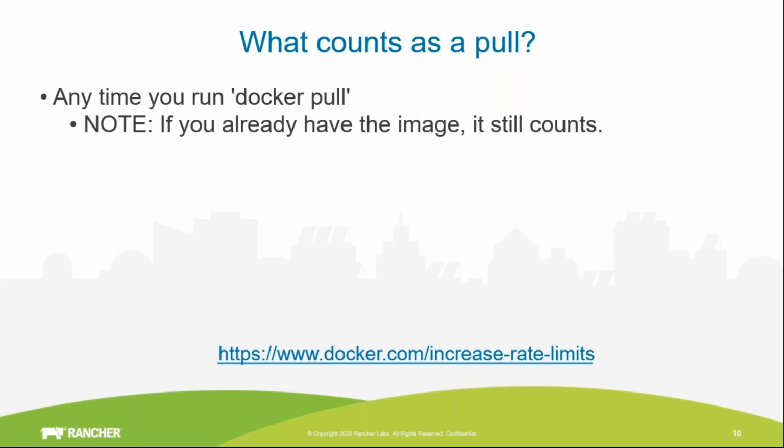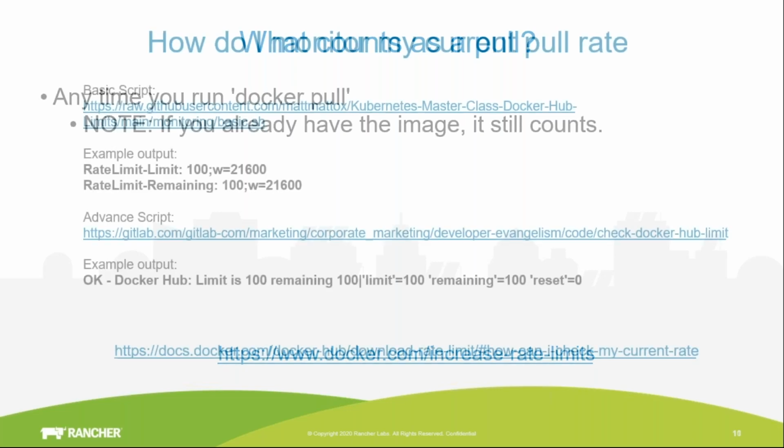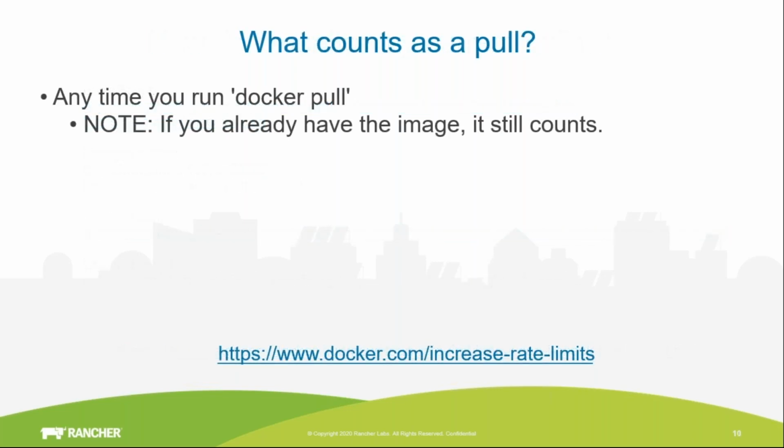That counts. So if you just sit there and do a while true loop of docker pull on the same image over and over, you do it 100 times, you're going to hit that limit and get blocked. And containerd has the exact same issue as well. It's really just agnostic. Anytime you do a pull request for an image, it counts.